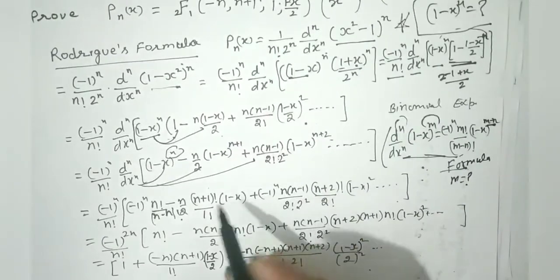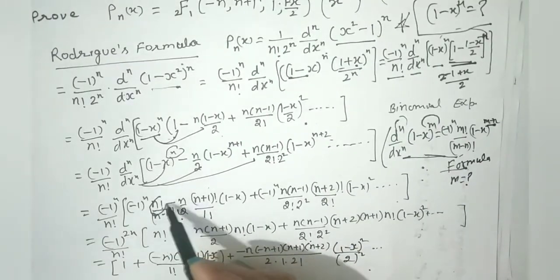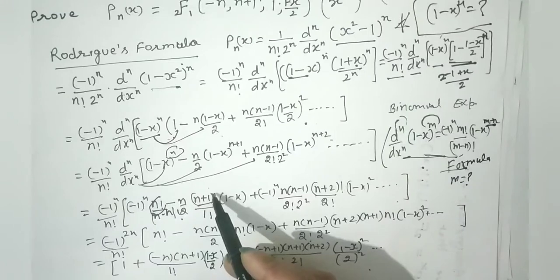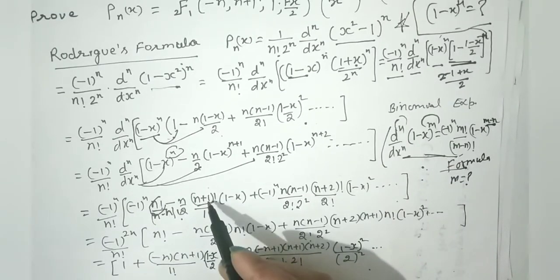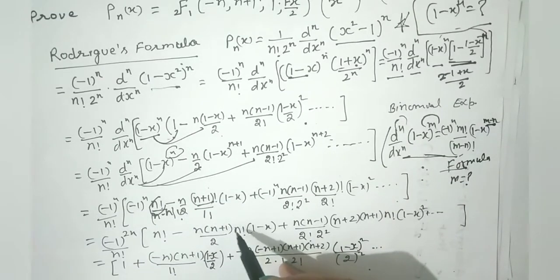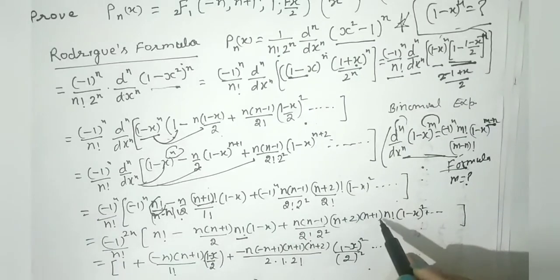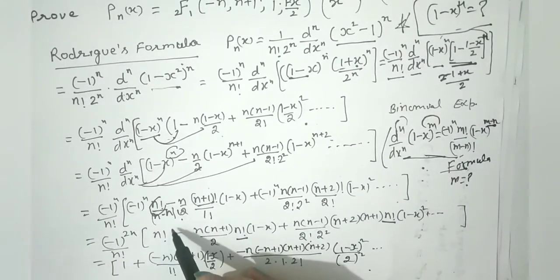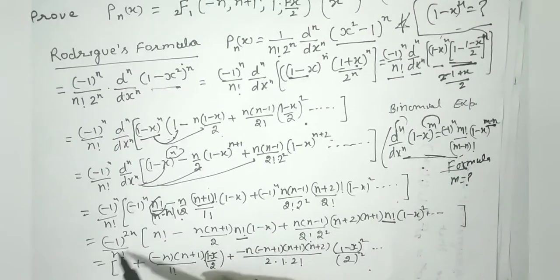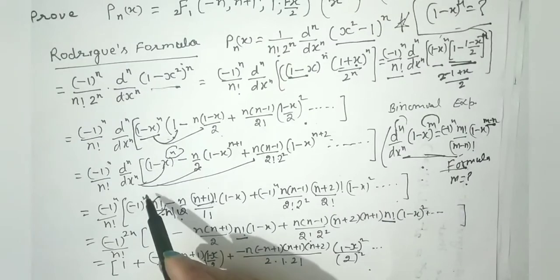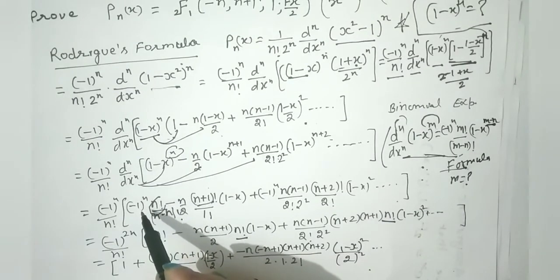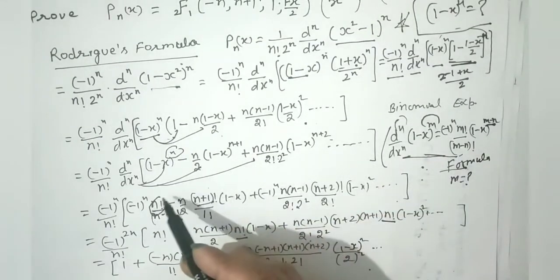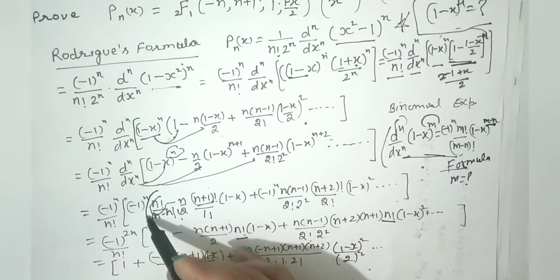Now in each of these you have n factorial. This (n plus 1) factorial can also be written as (n plus 1) into n factorial, and each of the terms can be written with n factorial. n factorial in each term is common, that will cancel with this denominator, and (minus 1) raised to power 2n, because (minus 1) raised to power n is also present in each of the terms, this will be common.